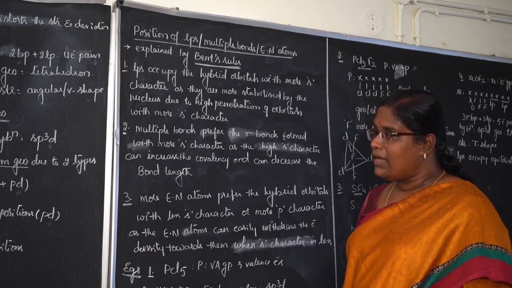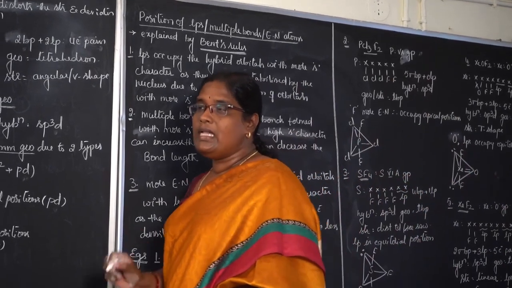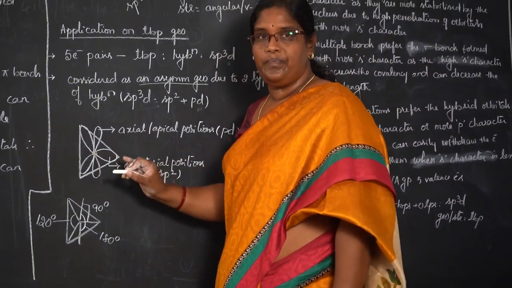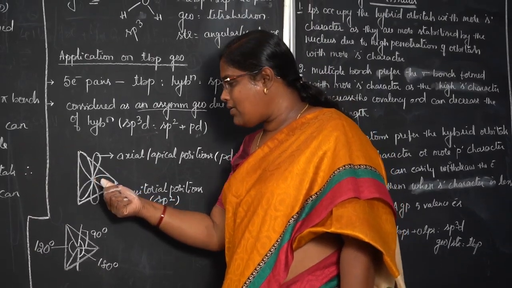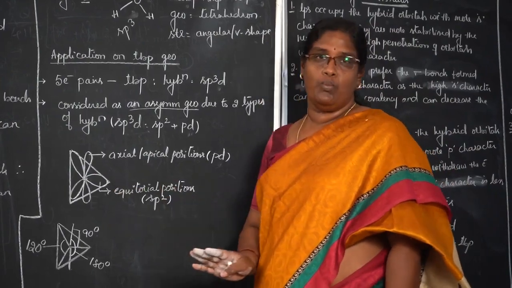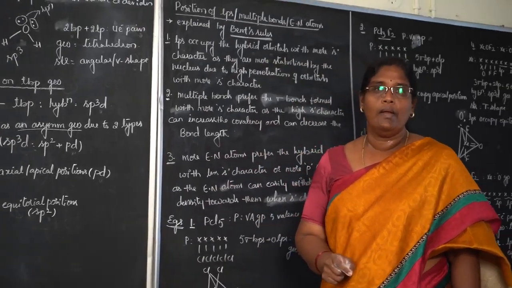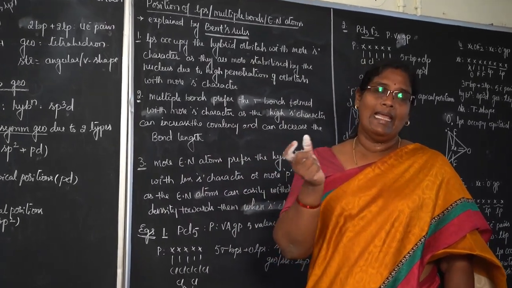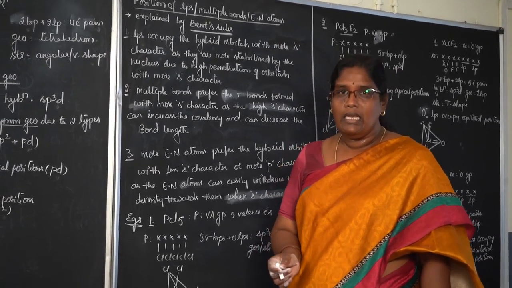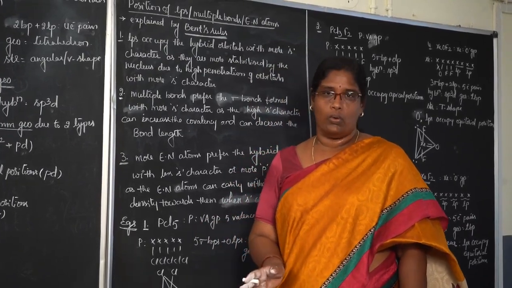What happens if the s character is more? The lone pair is attracted by the nucleus of only the central atom. If the s character is more for that hybrid orbital, this lone pair can easily penetrate towards the nucleus, hence it is more stabilized by the nucleus.